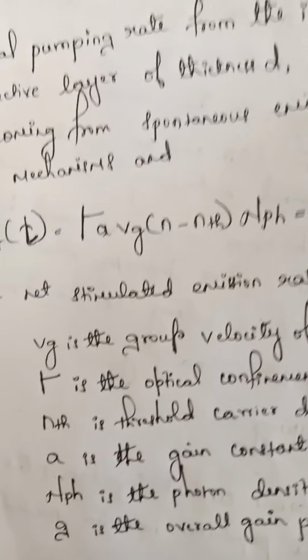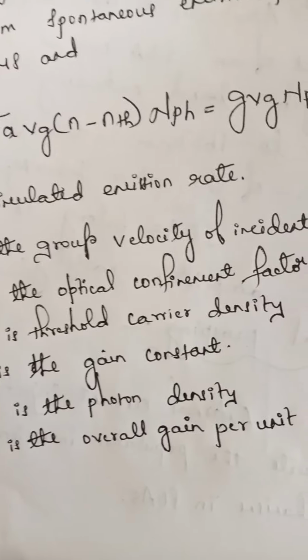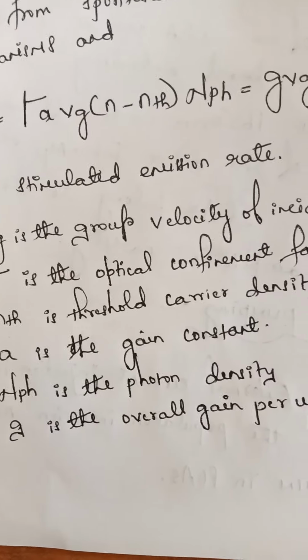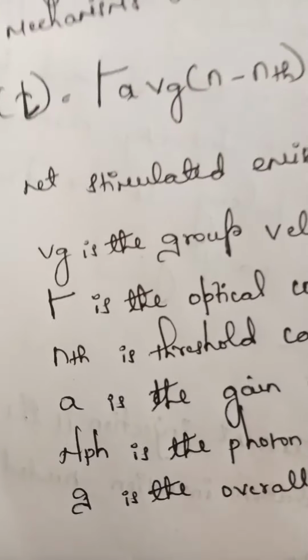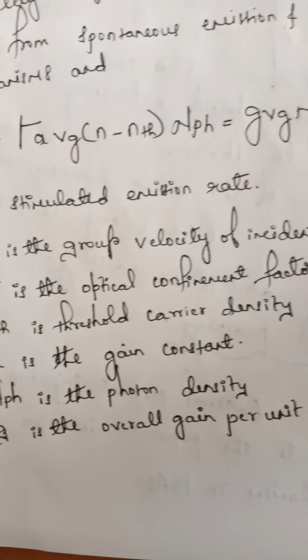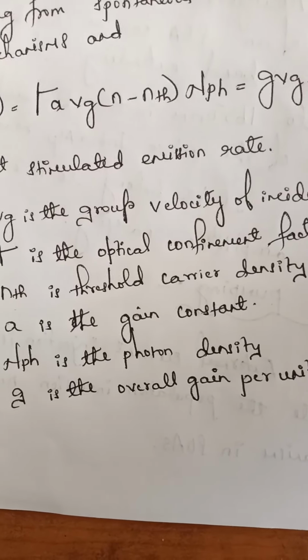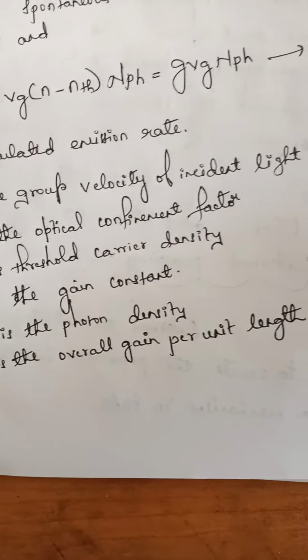The third equation, Rst(t) equal to Gamma A Vg Nph, is the net stimulated emission rate, where Vg is the group velocity of incident light, and Gamma is the optical confinement factor. Nt is the threshold carrier density, A is the gain constant, Nph is the photon density, and G is the overall gain per unit length.